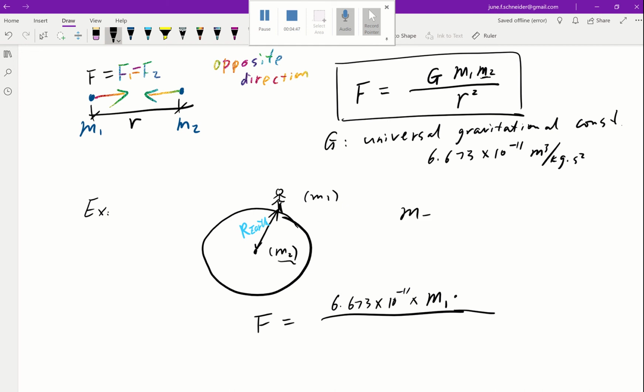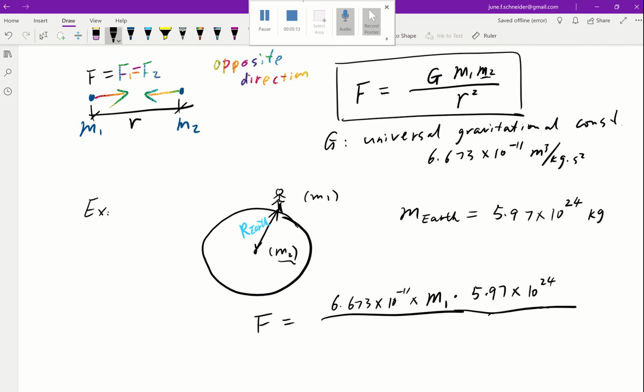The Earth's mass is a constant value, and that value is 5.97 times 10 to the power of 24 kilograms. It's huge, isn't it? So that's mass 2, that's Earth.